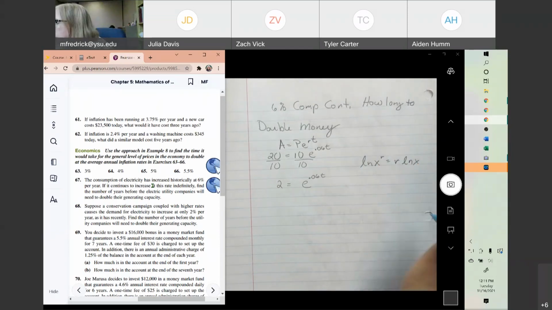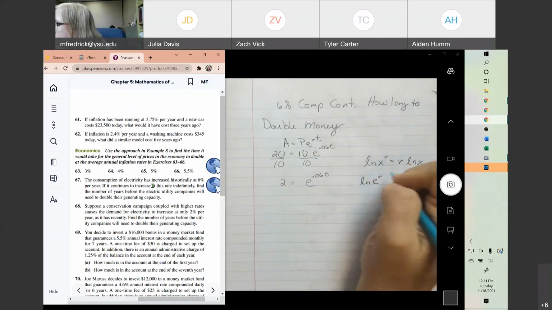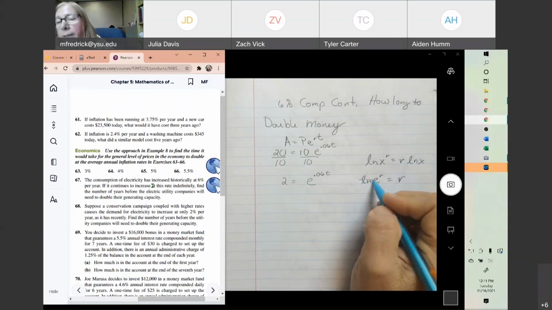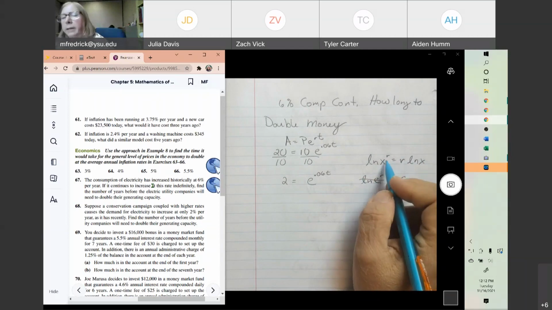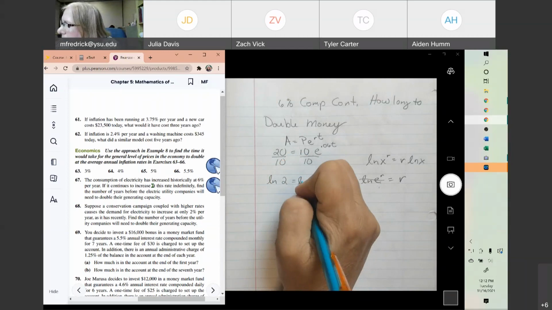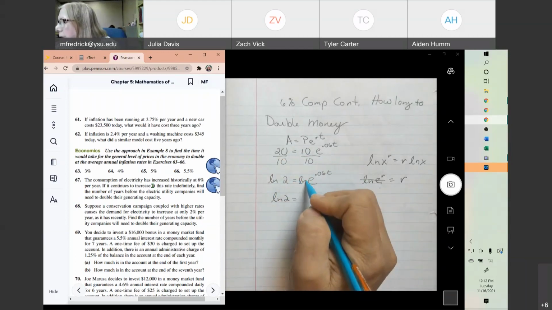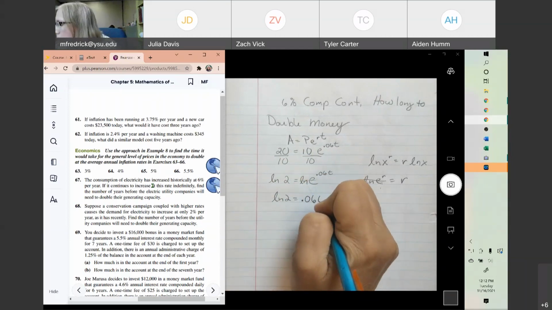Well, what's even better with exponentials, the natural log of e to an exponent is just that exponent. These are inverses, so they cancel. It has to be e though, it can't be x. So when we take the natural log of both sides, we have the natural log of 2 equal to, these cancel each other, and just leave 0.06t.